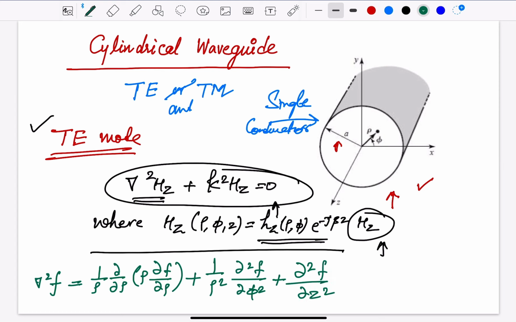Fine. We are supposed to use this in this equation. Let us expand this, and we'll be rewriting this equation in terms of the small hz.